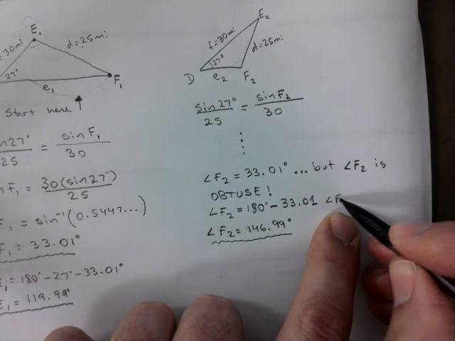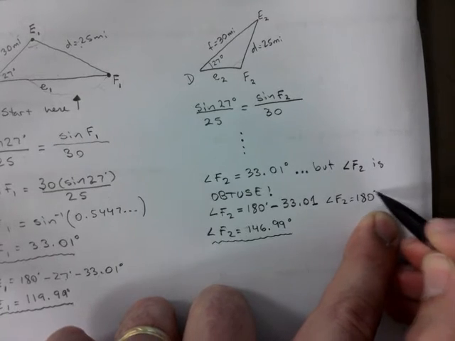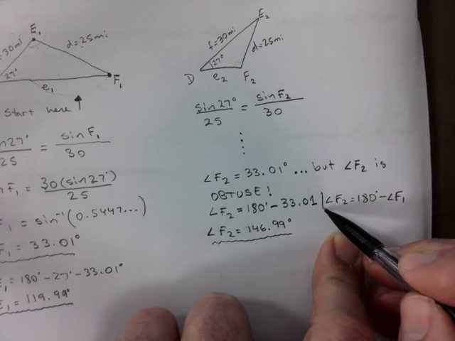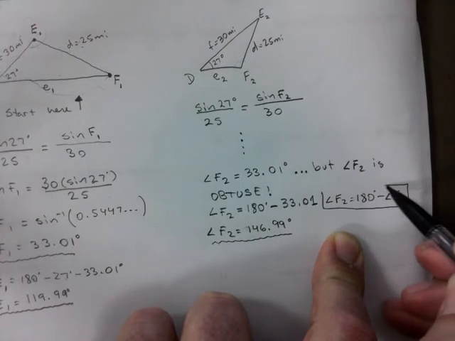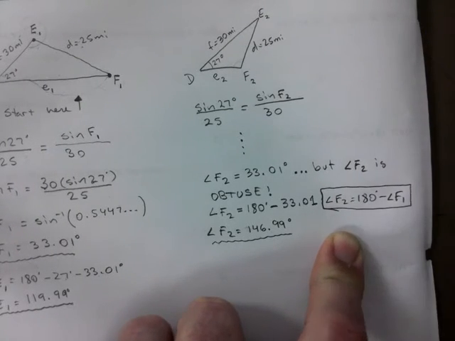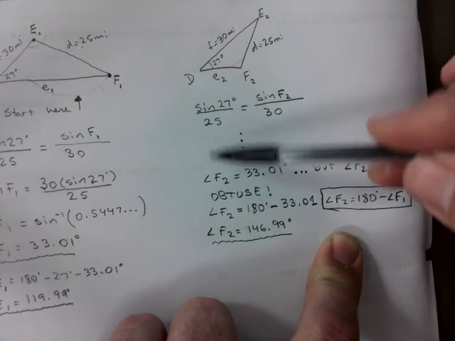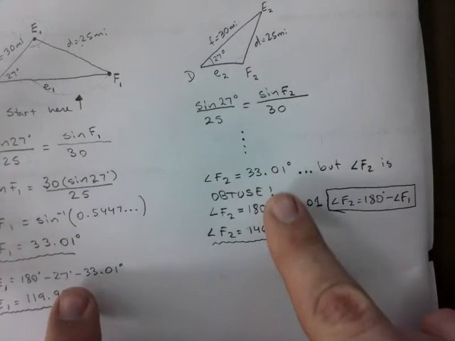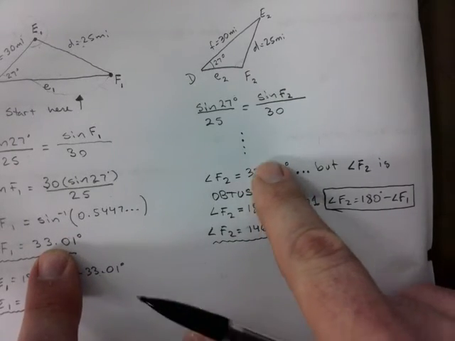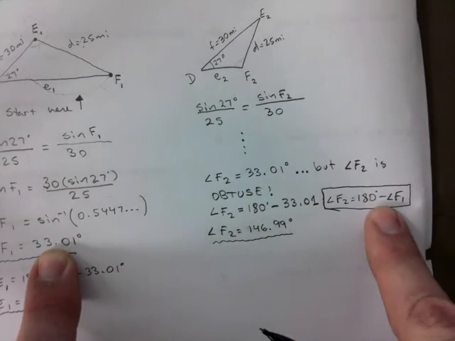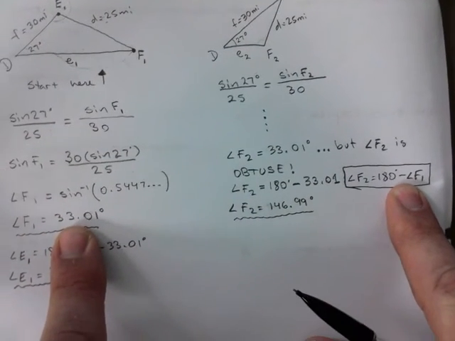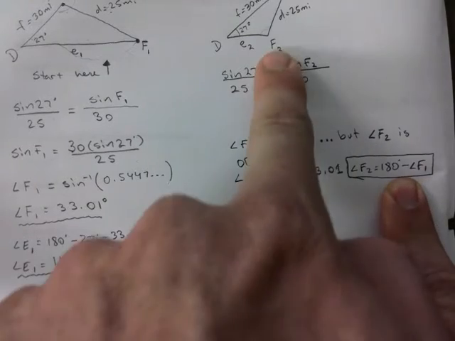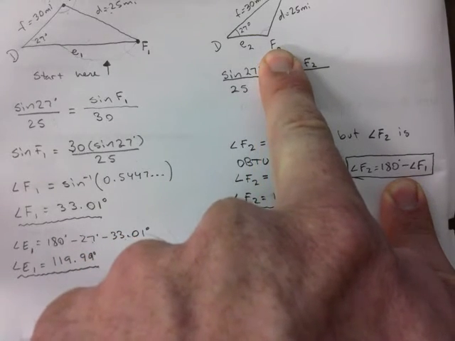Angle F2 is 180 minus angle F1. That is very important. I am going to skip this step from now on. I'm not even going to go there because I know that I will get the same answer, but I don't want the acute angle. I want the obtuse. So I'm going to go 180 minus this one that I found, and then I will automatically get that F2 on this side, on the second triangle.